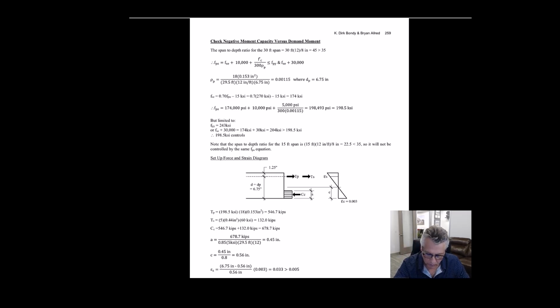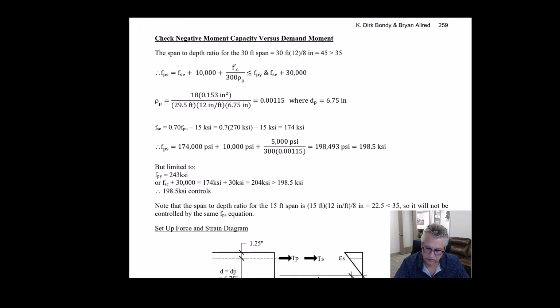Okay, so this is interesting and frustrating, and I'll tell you all those parts. So we're looking at the 30-foot slab span, and that has a span to depth ratio of 45, which is greater than 35, and according to the code, we use this, which is originally, well, always intended for the slabs, for the slab design.